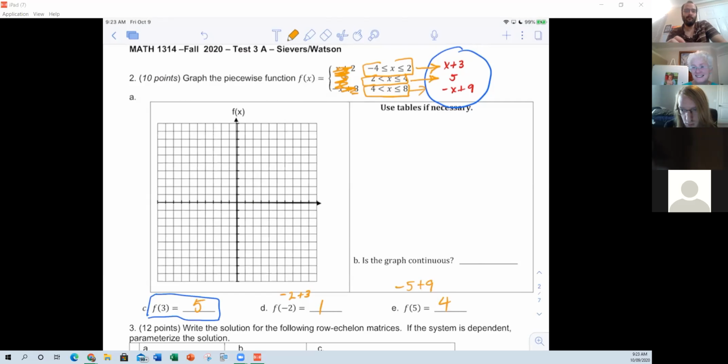Because it's all part of the same number 2 problem, so I was thinking everything's supposed to be graphed. But no, those were just to see if you knew which interval different points would lie in. Okay. Any other questions on this?